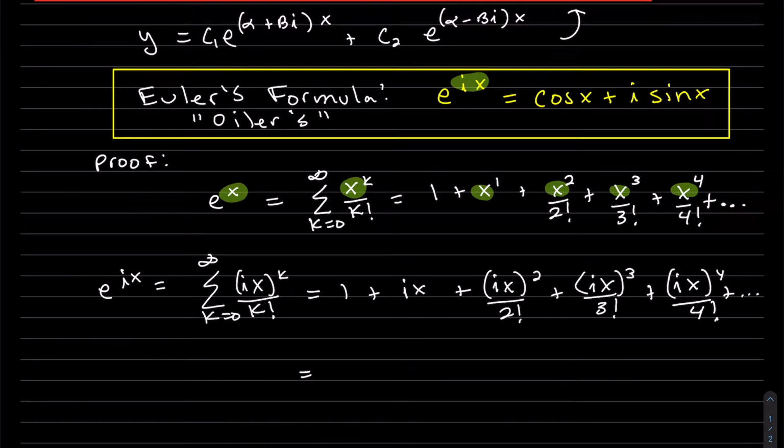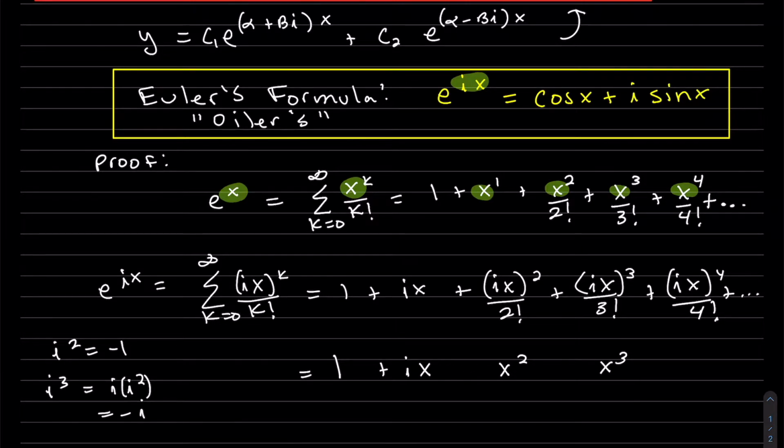This is 1. There's nothing to simplify about these first two terms. Here we'll get i squared x squared, and i squared, if you remember, is minus 1. So that's minus x squared. Again, i squared equals minus 1 by definition. Here we have x to the third, i to the third. i to the third is i times i squared, and that i squared is minus 1 times i.